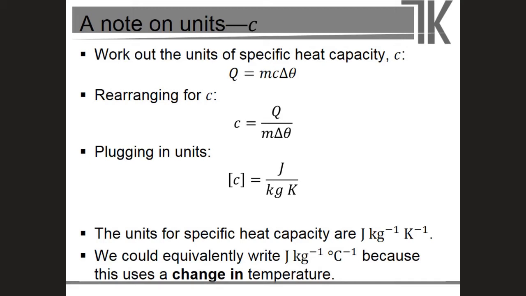So it's easier not to change the units of C, so whatever you're given as the specific heat capacity, use those units and change your energy Q, your mass M, and your temperature delta theta to match the units that are given for your C. If you're not given units for C, so like you're calculating C, then I would recommend that you use joules or kilojoules or megajoules, whatever is more appropriate, kilograms and Kelvin.